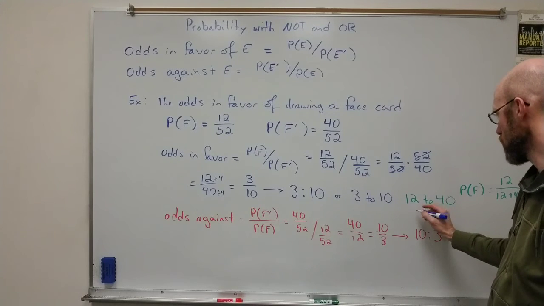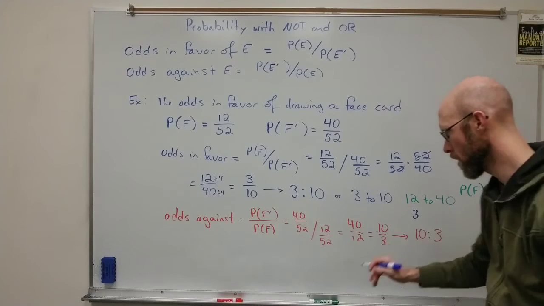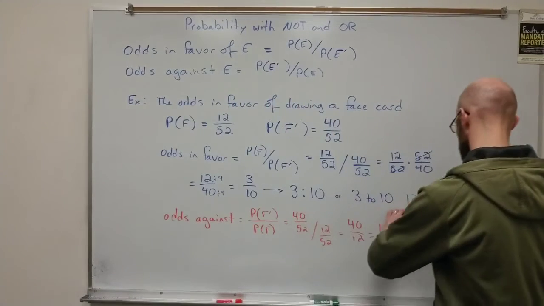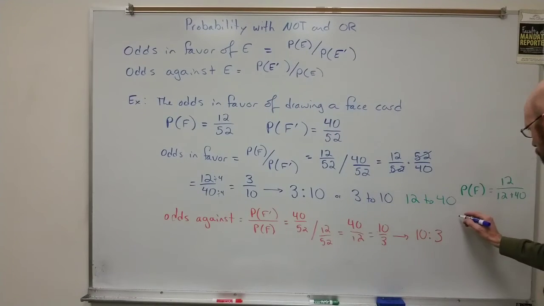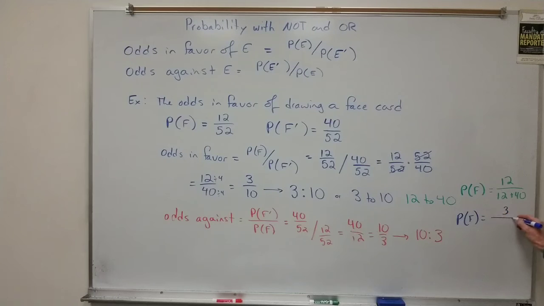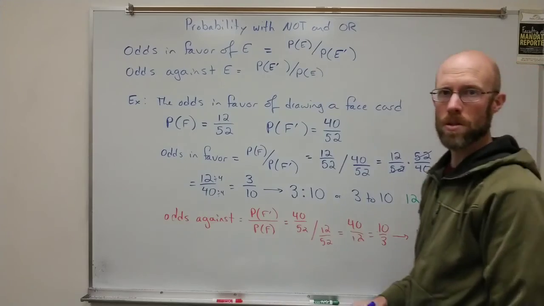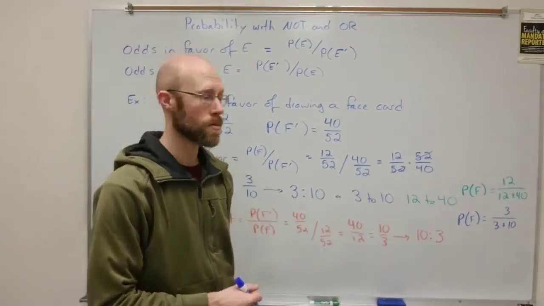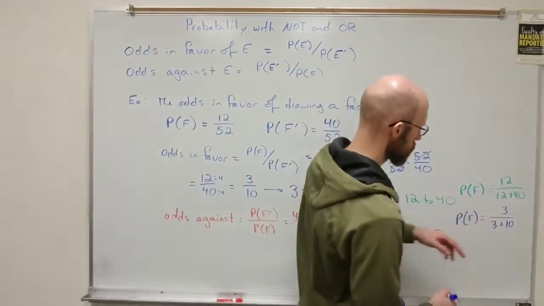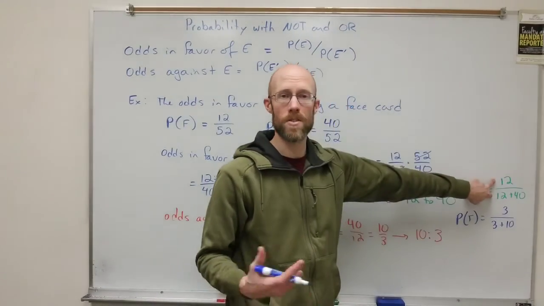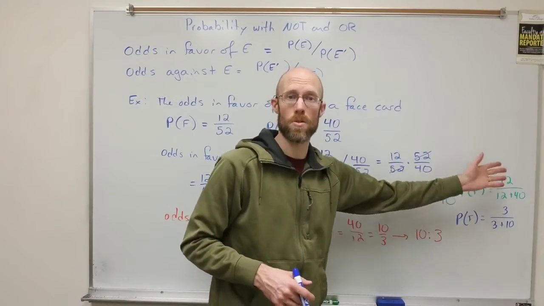You could look at this as 3 to 10. And so the probability then is the 3 over the sum of 3 plus 10, which reduces down to 3/13. Okay. So this one is 3/13, this one is 12/52, which reduces to 3/13, so the probabilities are the same.